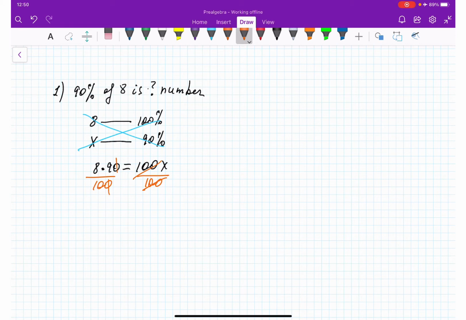8 and 10 I can reduce by 2. 8 divided by 2 is 4. 10 divided by 2 is 5. And we are getting 4 times 9 over 5 is equal to x, which is going to be 36 over 5 equal x. So if we want to represent it in decimal notation, and most likely we do, from what I see in your problem, 36 divided by 5, let's see.